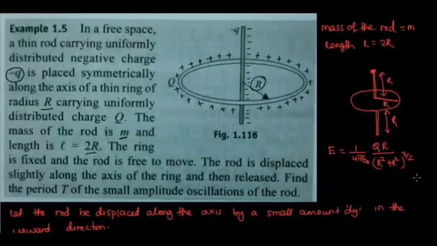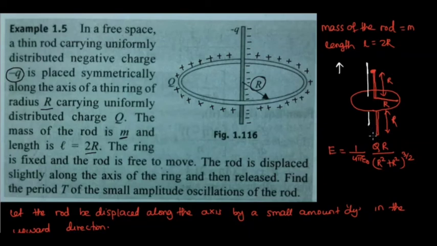Is that clear? Because when you move the rod to some height, let me show you the displaced rod position. The rod is displaced in the upward direction, means now the rod will be placed like this. Is that clear?